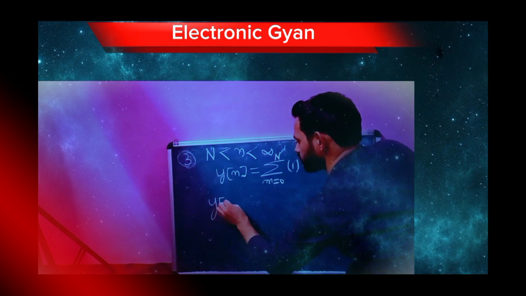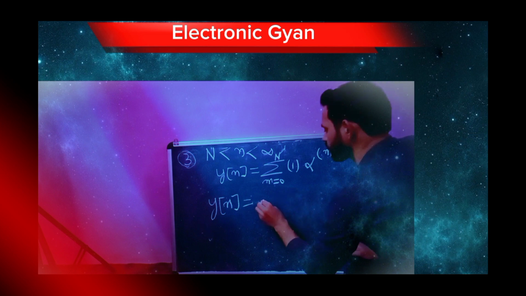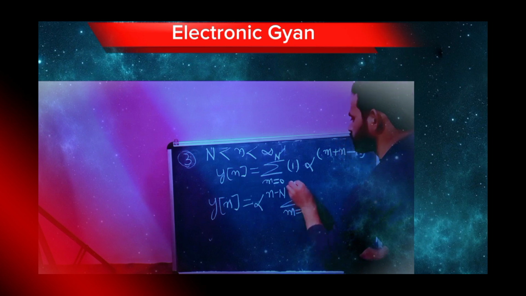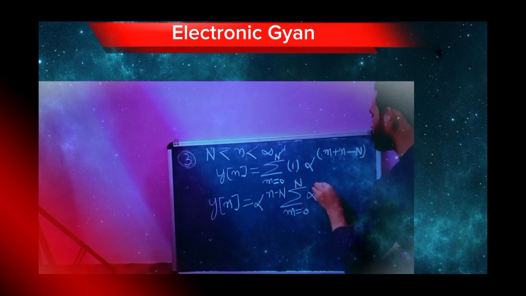So here what I will get, y of n is equal to alpha to the power n minus capital N summation m is equal to 0 to capital N alpha to the power m.